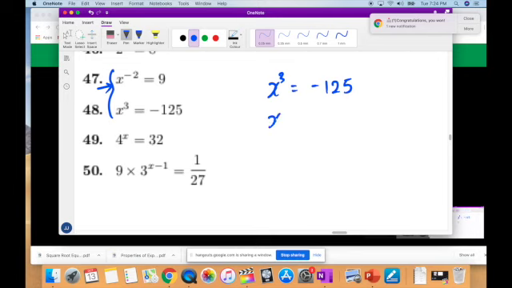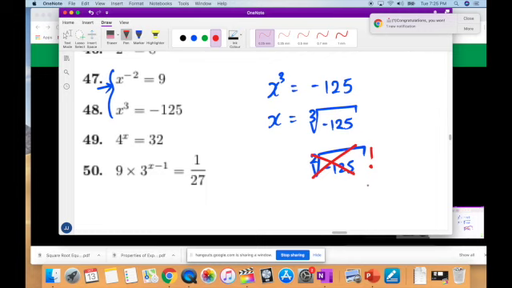So we know that x will be the cube root of negative 125. Can I have a cube root of a negative number? I don't see why not. Right? Can I have a square root of a negative number? No. You cannot have a square root of a negative number. Never. That is mathematically impossible.